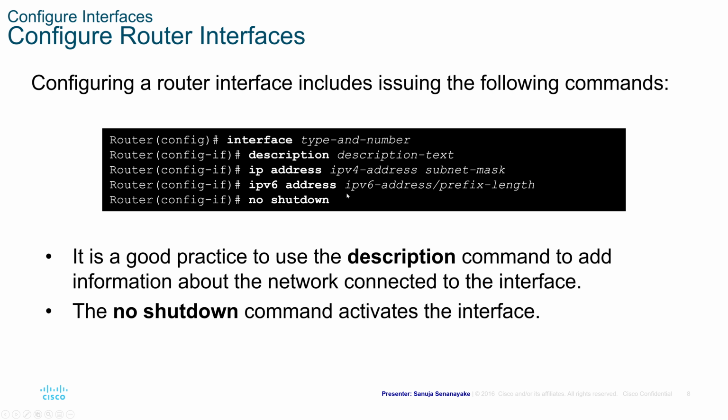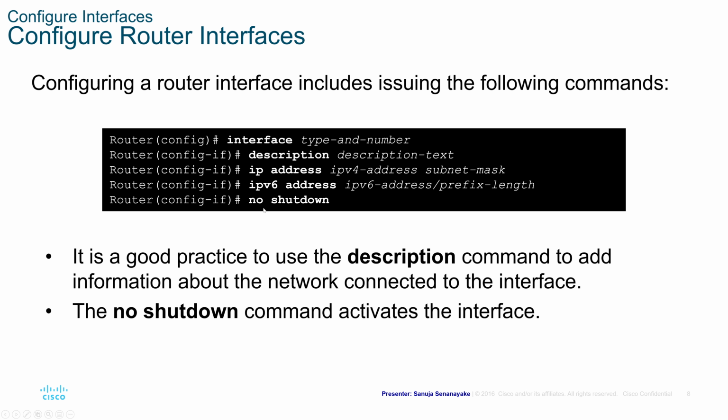And then the IPv6 address would be ipv6 address. You can give the IPv6 address, but instead of giving the entire subnet mask in here, remember IPv6 addresses have a prefix length. So you go ipv6 address, the address, then a slash and the prefix length, and that will give you the ability to enter an IPv6 address on that interface.